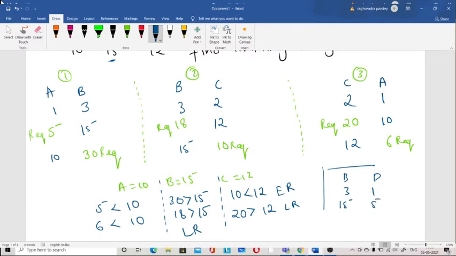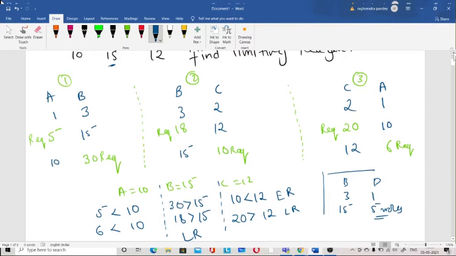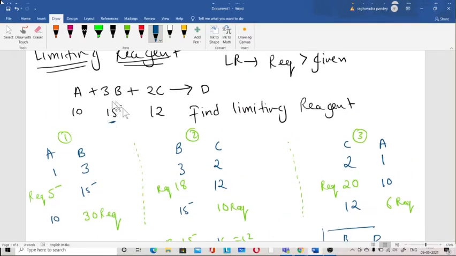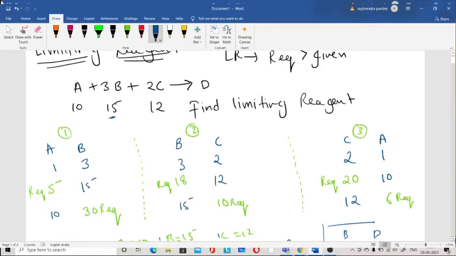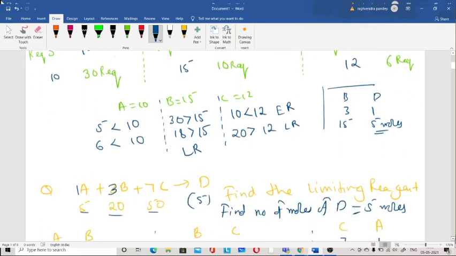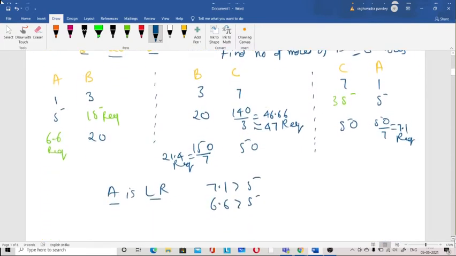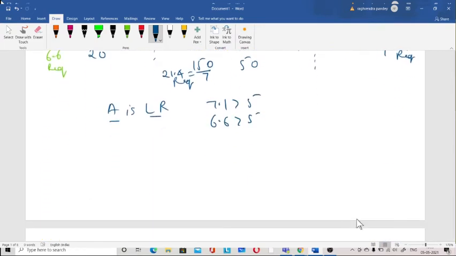So 5 moles of D will form. So you have to take the number of moles of product from the limiting reagent. 15 is the number of moles of the limiting reagent, and you can find the D. So this is how we solve for the product. Got it?